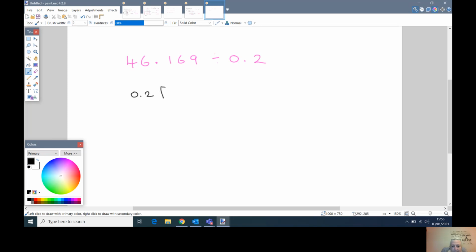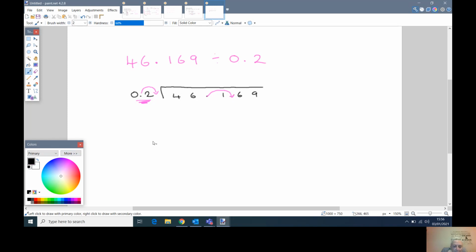0.2 divided by 46.169. Wait a minute, the golden rule is that must be whole. So I'm going to jump or times it by 10, jump 1. So with this decimal, I'm going to times it by 10 as well, or jump 1, okay?